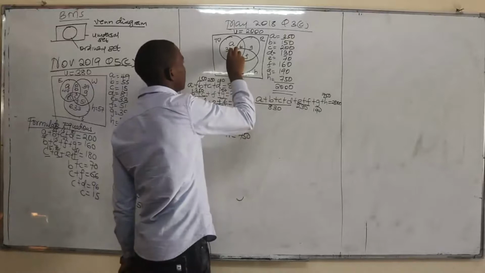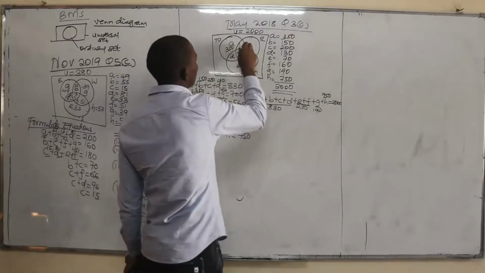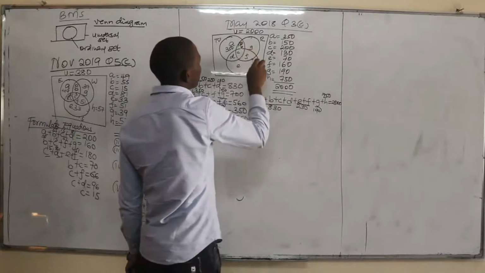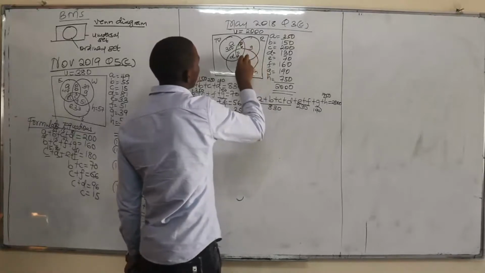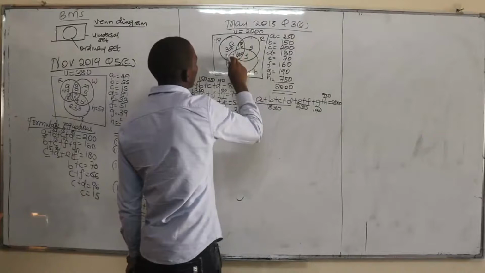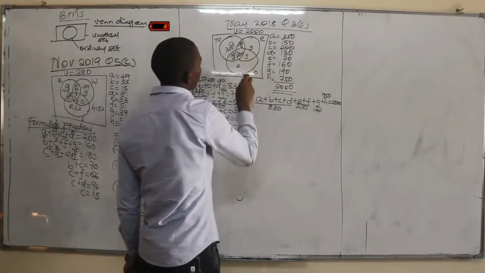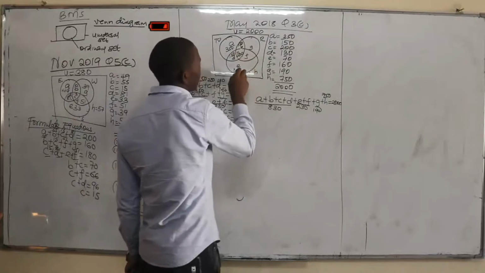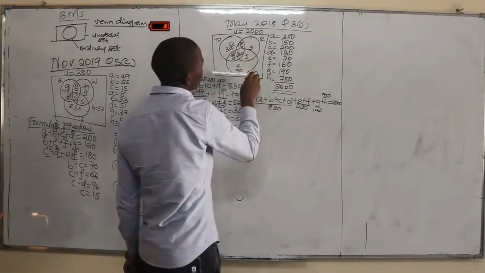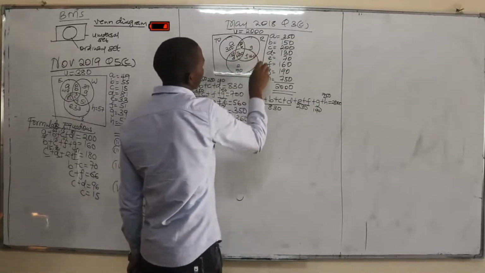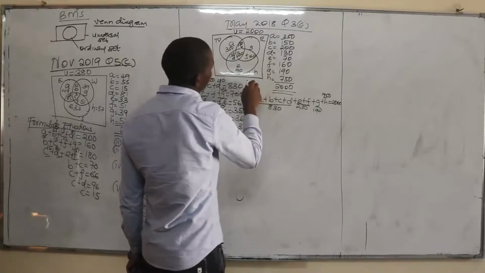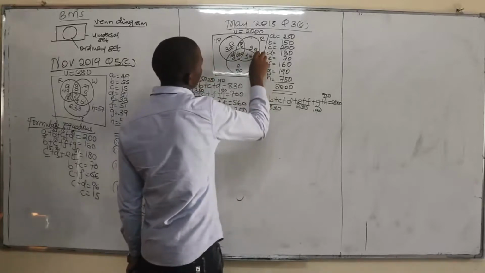So we can replace the values here. This will be 350. For B here, it will be 150. For C, 200. For D, 130. For E, 70. For F, 160. For G, 190.